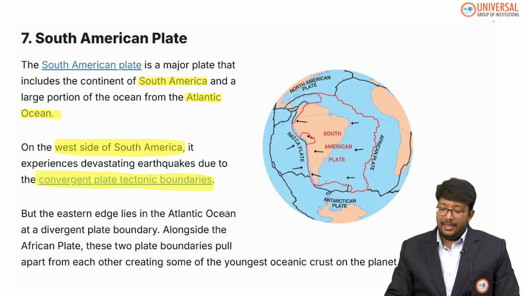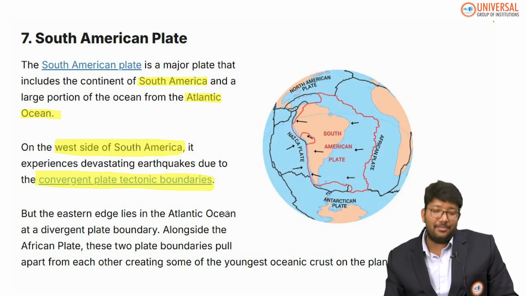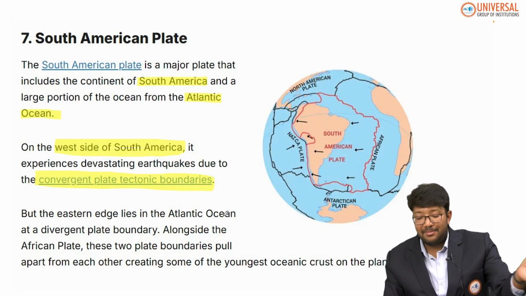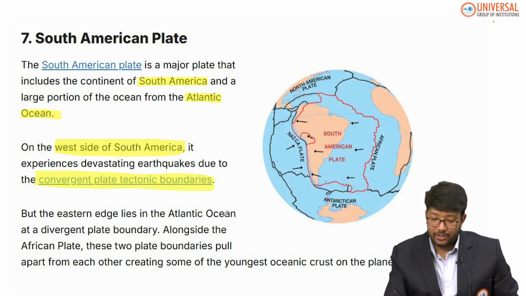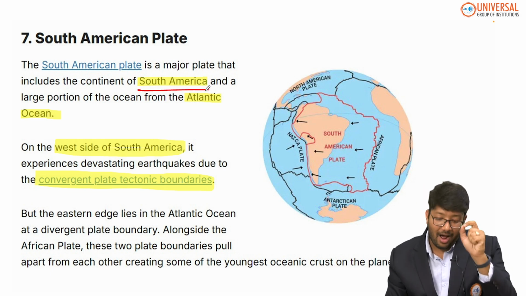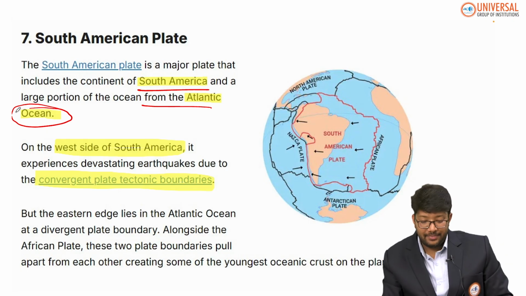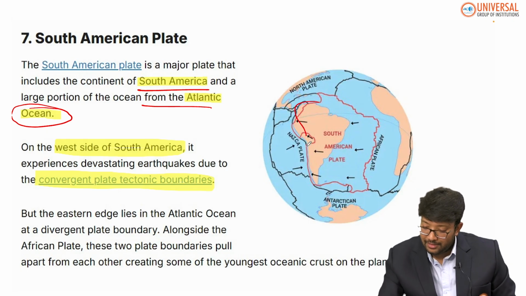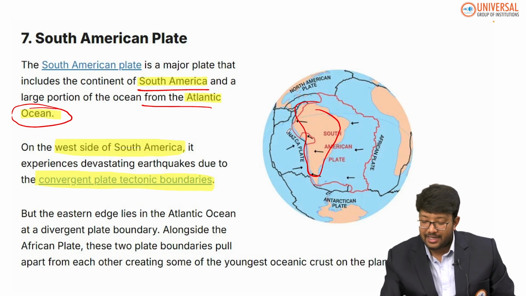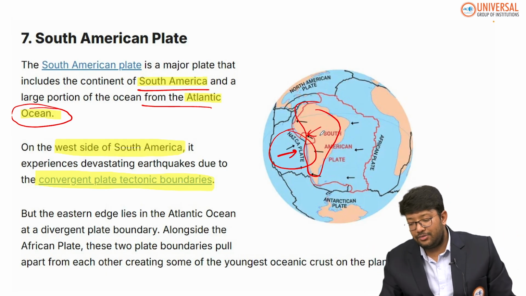Okay, fine. The last plate is the South American plate. The South American plate is a major plate that includes the continent of South America and a large portion of the Atlantic Ocean. Okay, this is our South American plate. On the west side, which plate is there? The Nazca plate, and the Nazca plate is moving towards the South American plate.